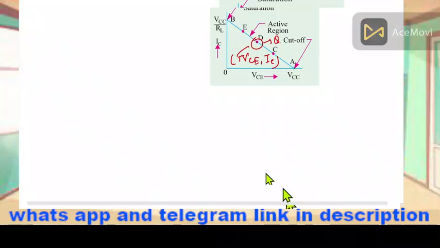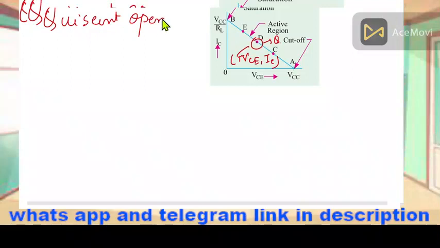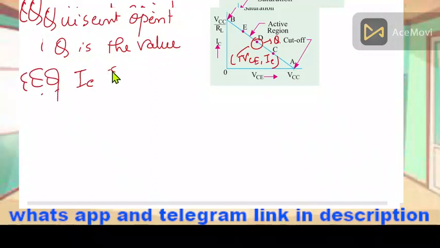So what we have concluded, the quiescent point Q is the value of IC and VCE at zero input signal.